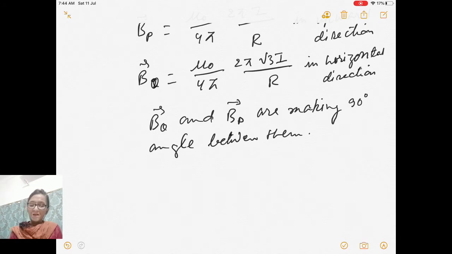So, as per vector addition of two vectors, now the two vectors are not along the same line. Now we will be using vector addition of two vectors.